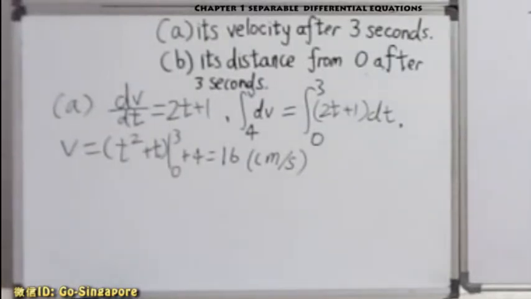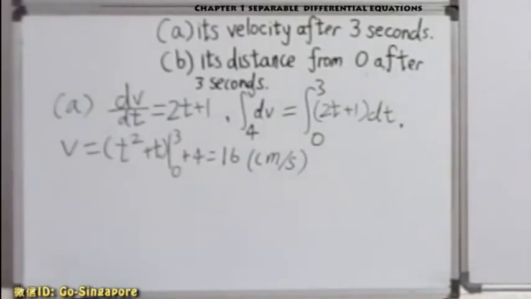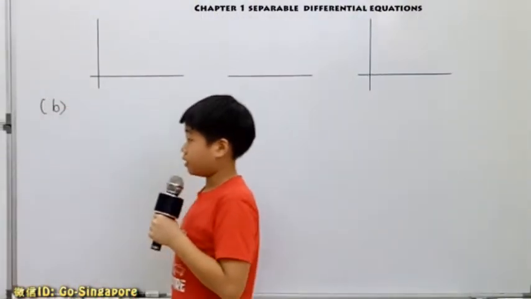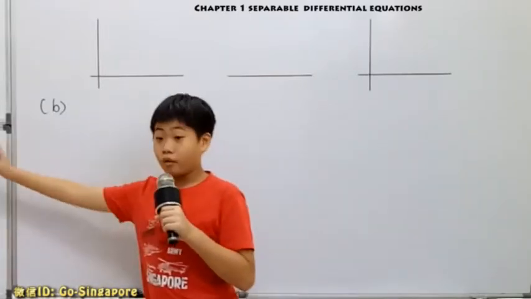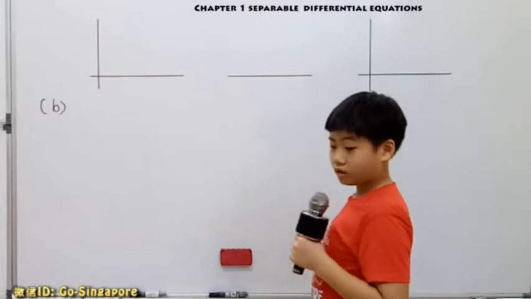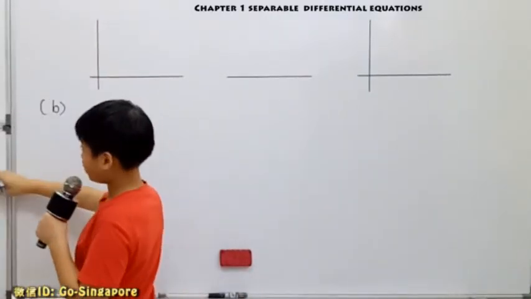Next we have our part B. For part B, we need to find our distance, and we can also use this part.